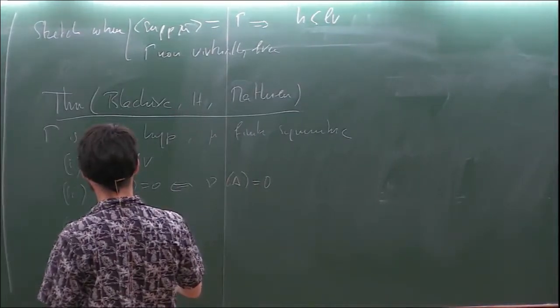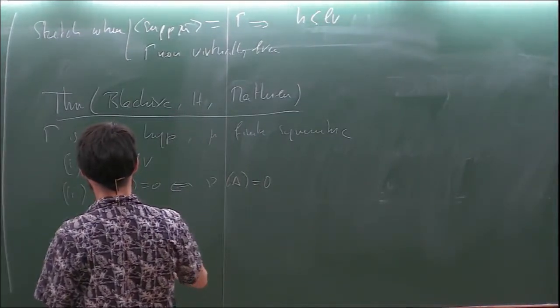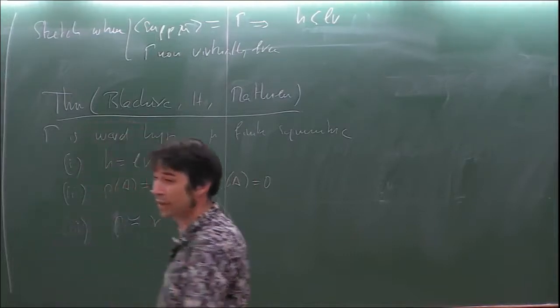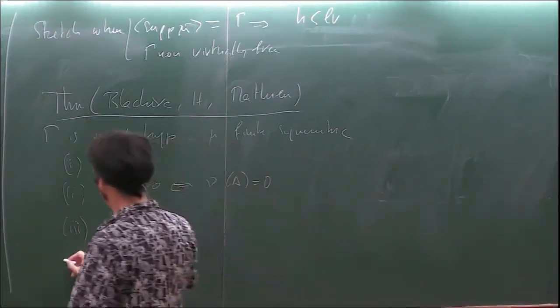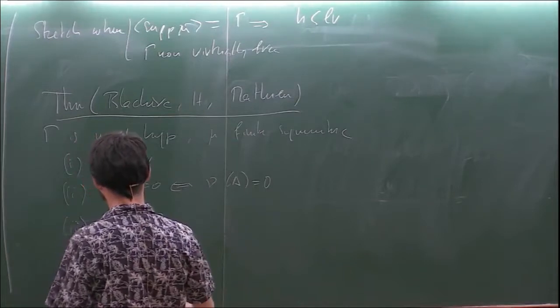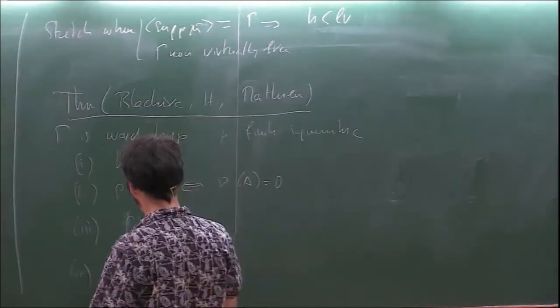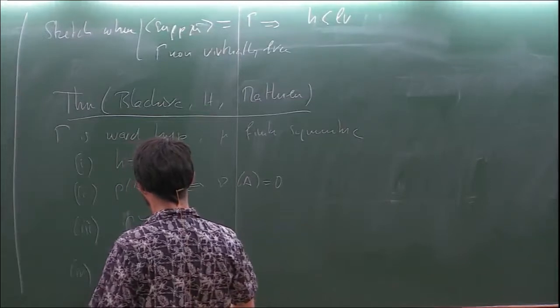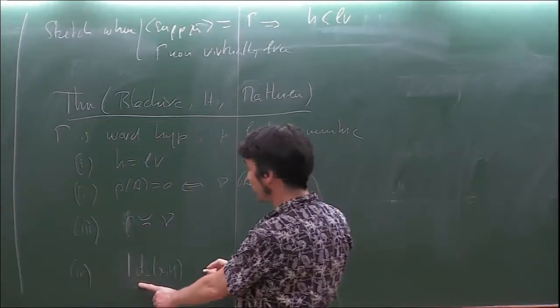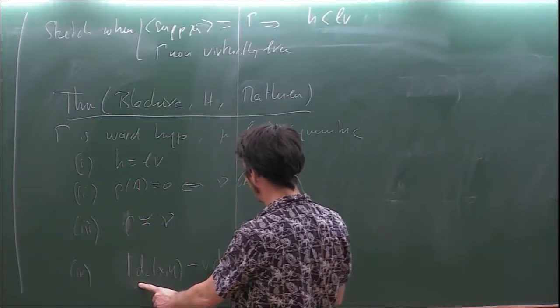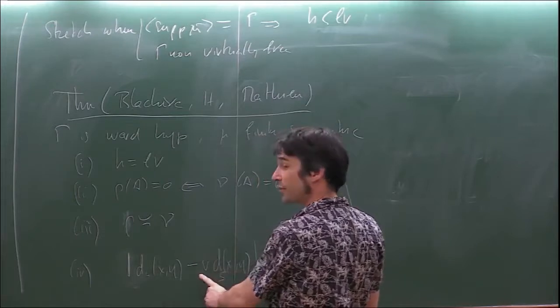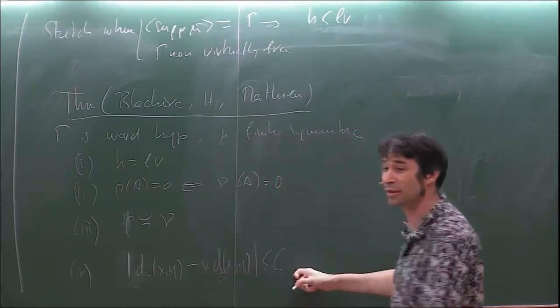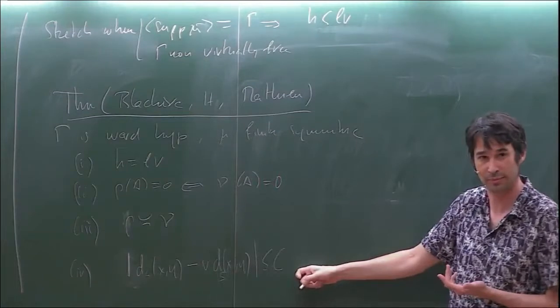Three: rho and mu are equivalent, meaning that the ratio is bounded by uniform bounds, far from 0 and infinity. And the last one is that the identity map, if I look at the Green distance from x to y, minus the distance in the group times v, is bounded by a uniform constant. So saying that I have a 1c quasi-isometry.